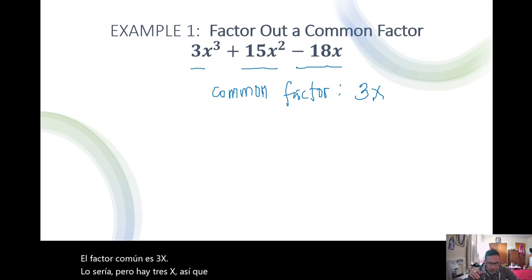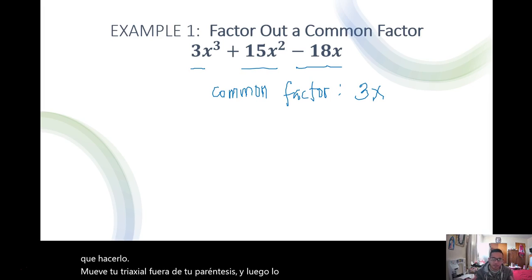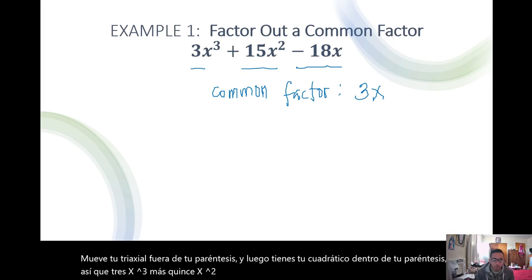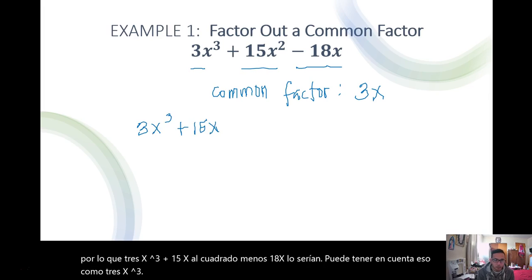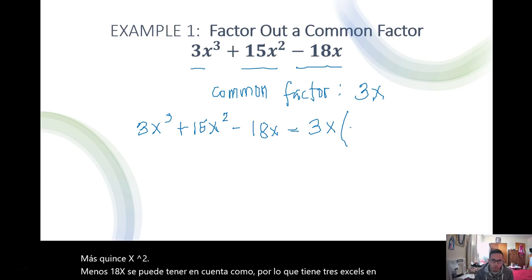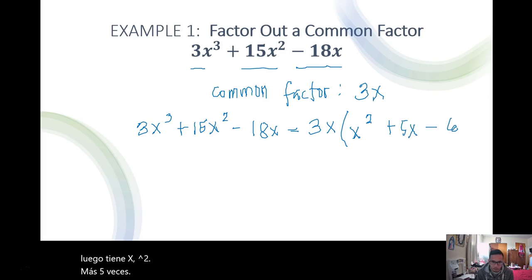The next thing you have to do is move your 3x outside the parentheses, and then you have your quadratic inside the parentheses. So 3x cubed plus 15x squared minus 18x can be factored as 3x outside the parentheses, and then x squared plus 5x minus 6.